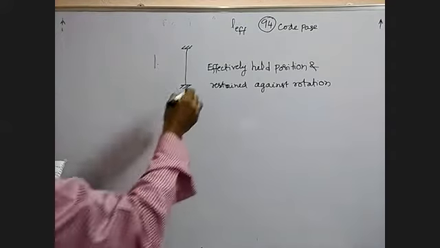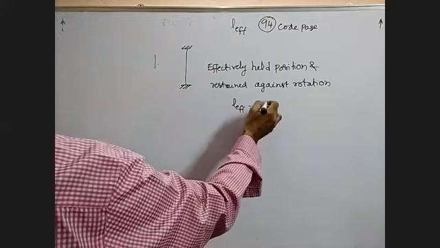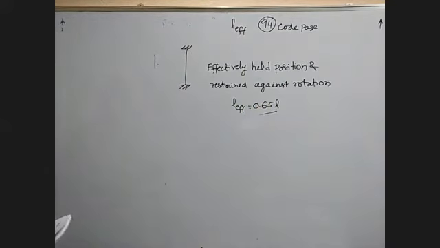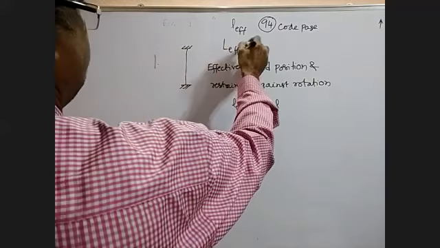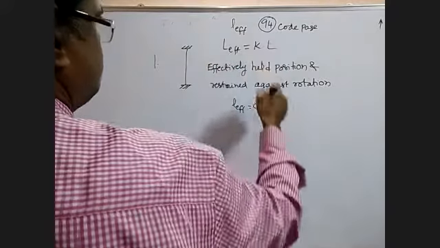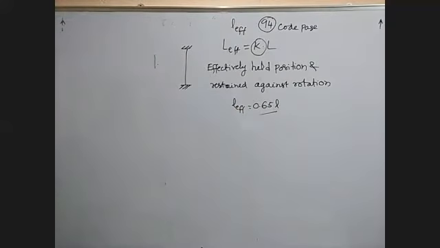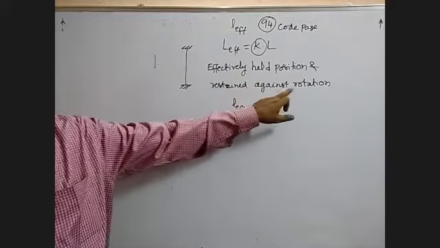This is L effective equal to 0.65 L. So that is K into L. The value is L effective is equal to K into L. This K value is given in the code book page number 94. See here, this is effectively held in position and restrained against rotation.